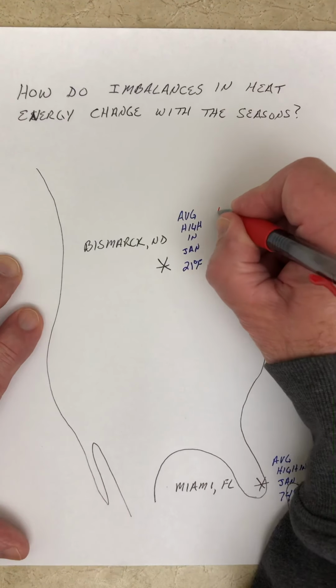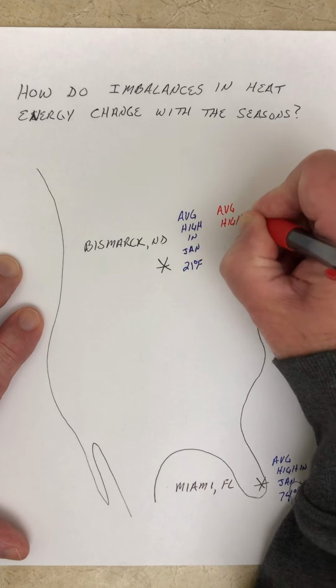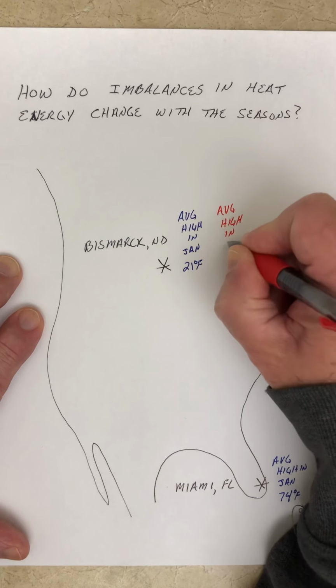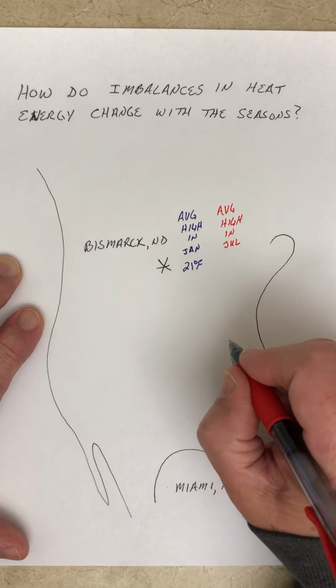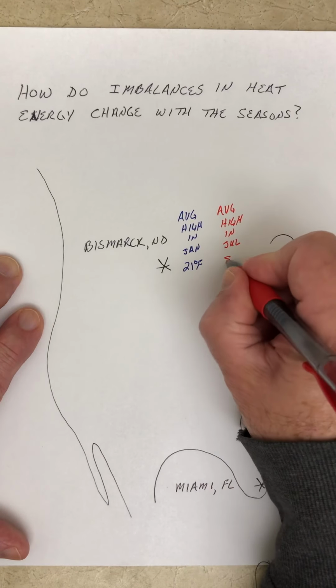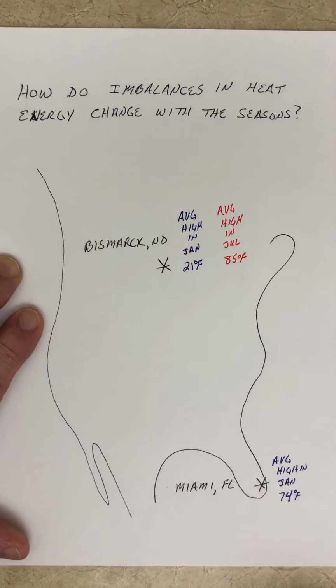If we look at the average high temperature in July in Bismarck, okay, so their warmest time of the year, we're looking at a temperature of about 85 degrees Fahrenheit. Okay?